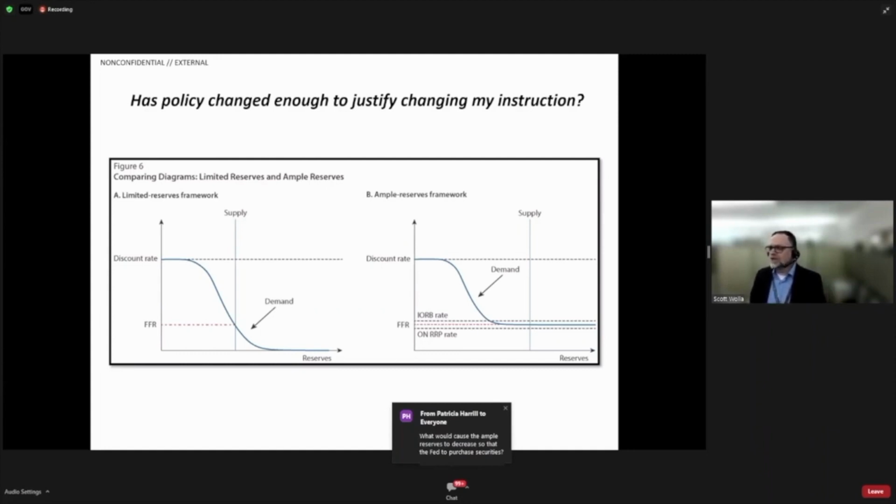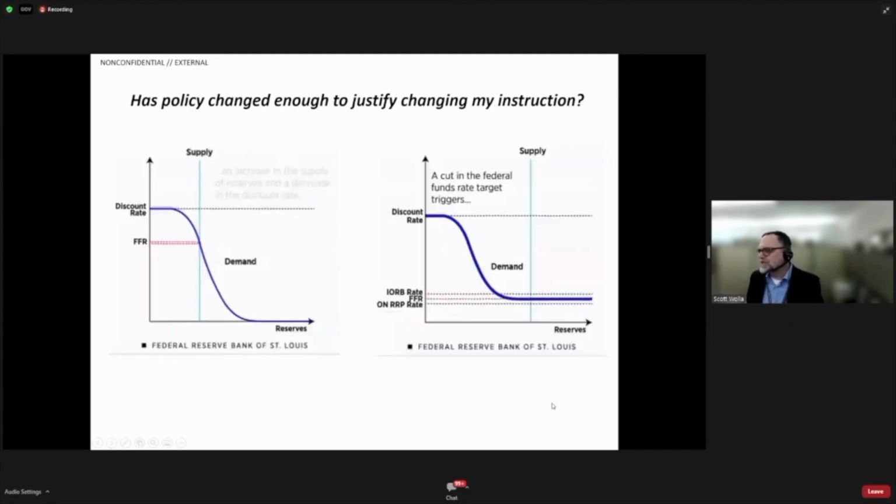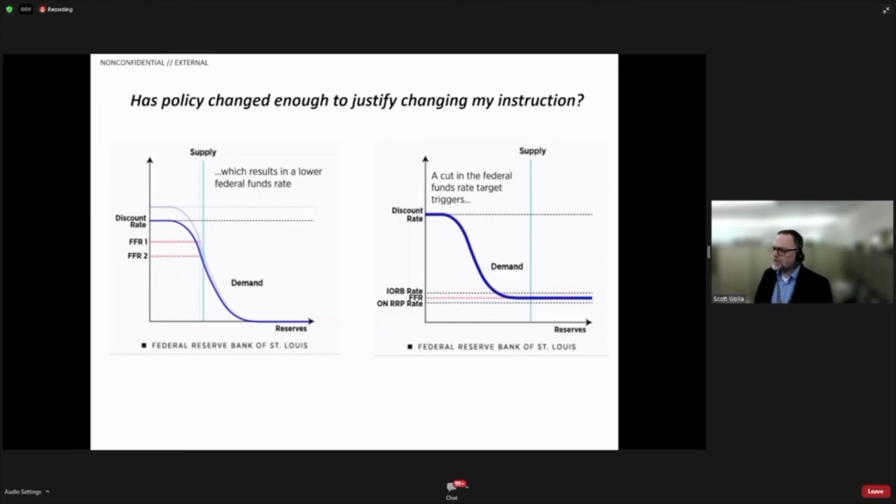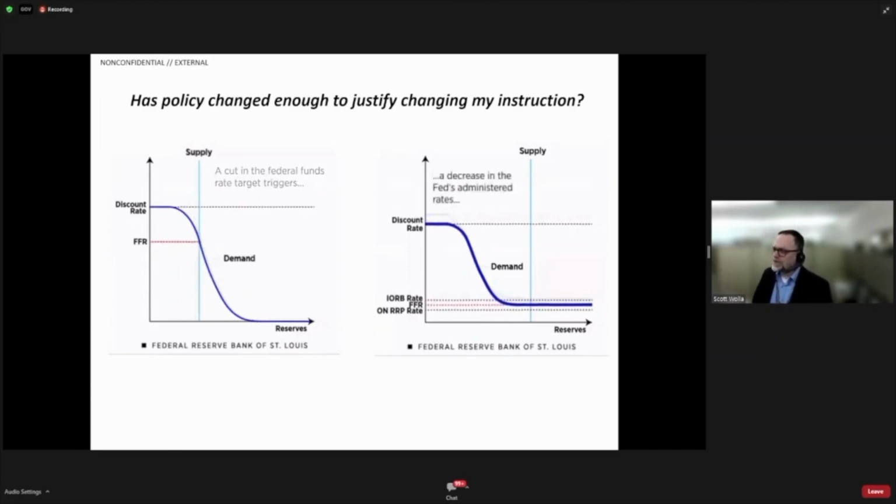So on the left-hand side, you see what we call the limited reserves framework. This was what the Fed used prior to 2008. On the right-hand side, you see the ample reserves framework. There are some differences in the lines, but I think this animated figure really shows the difference. So in the left-hand side, you see this is the limited reserves framework prior to 2008.